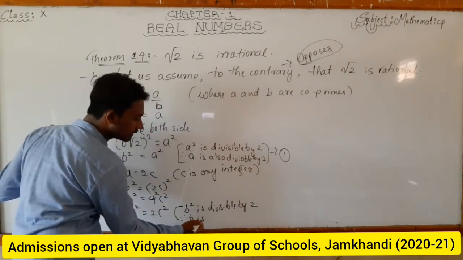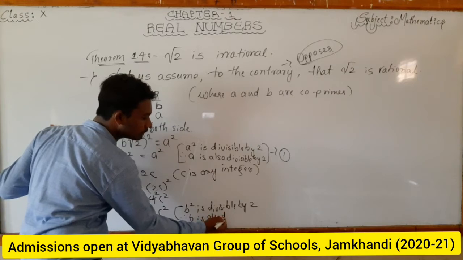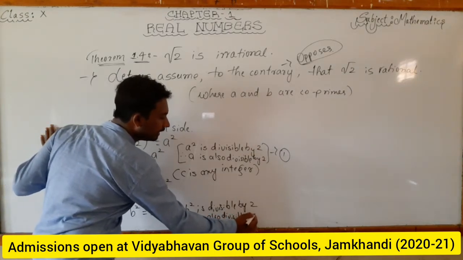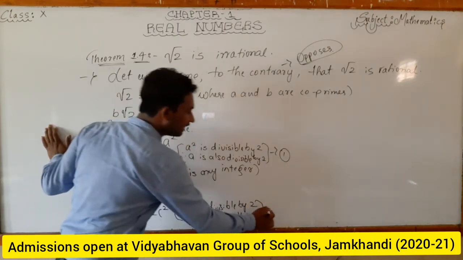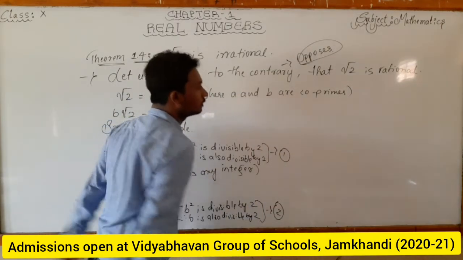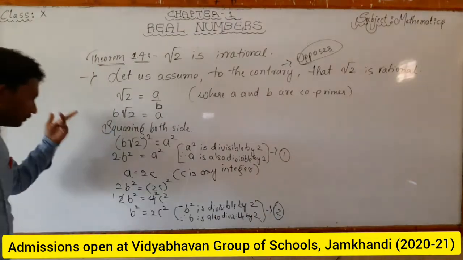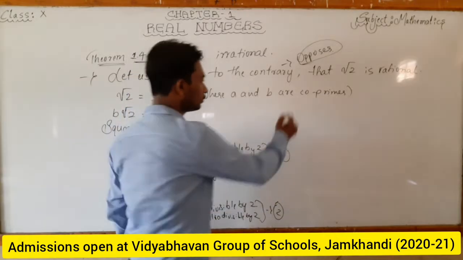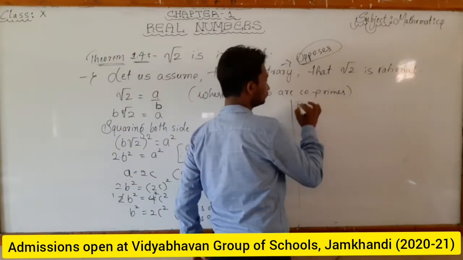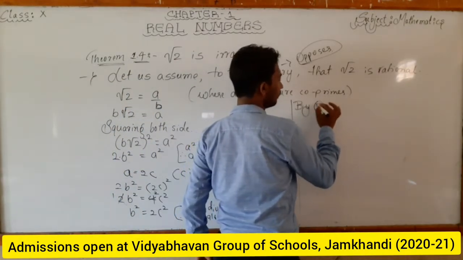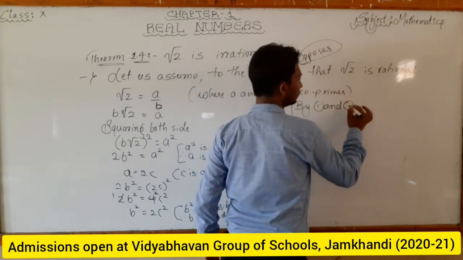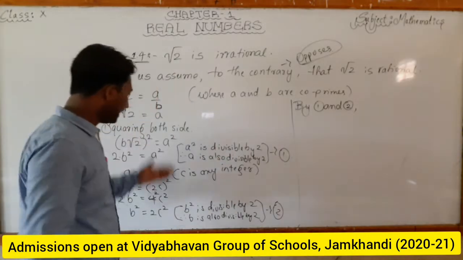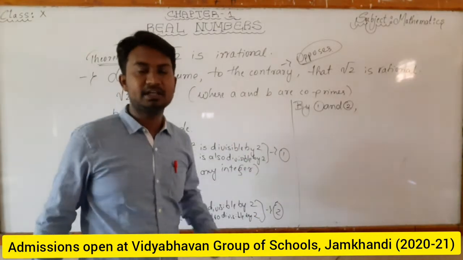Therefore, b is also divisible by 2, and I will write this as equation 2. Both a and b are divisible by 2, so a and b have a common factor 2.